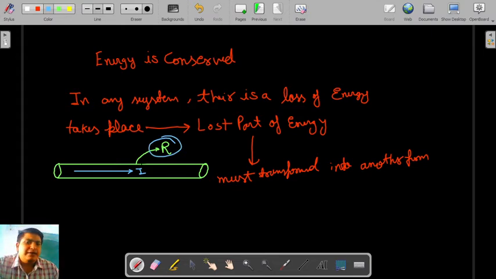Due to this fact, when the current passes through the wire, it suffers some resistance, the energy of electricity gets lost, and that lost part of electricity is converted into heat energy.